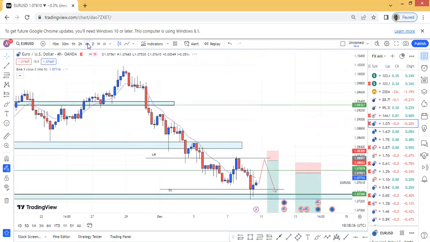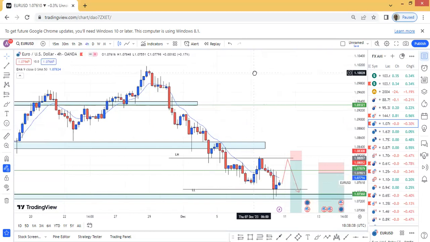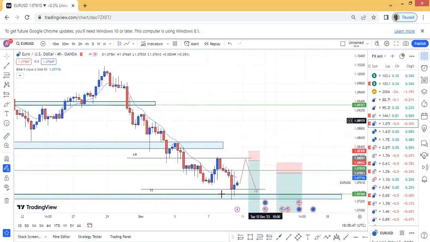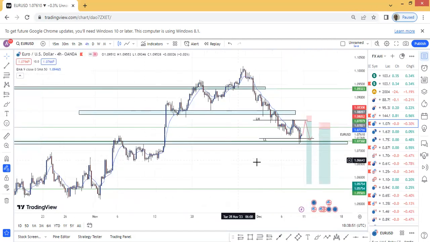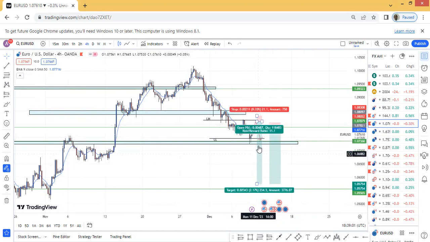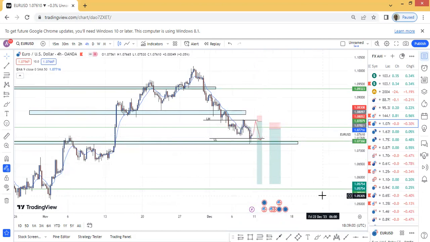And because we've identified that market is going to continue going down, forming a series of lower low, lower high, and lower low, what are we looking at? We can see a rejection from this zone, but I still anticipate that market will break below this zone and continue to trade downwards.